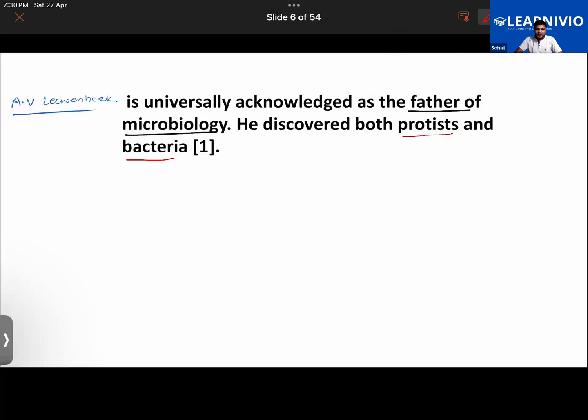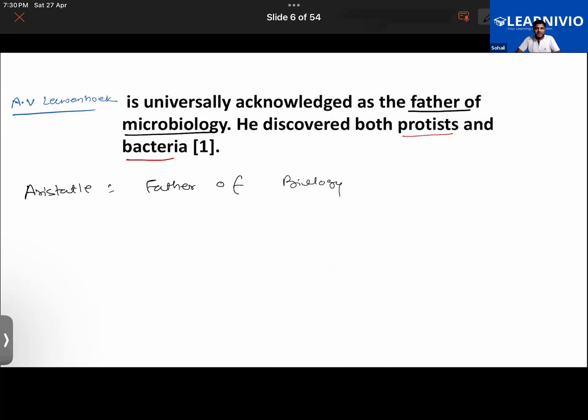Then, who is the father of biology? He was Aristotle. Aristotle was called the father of biology.